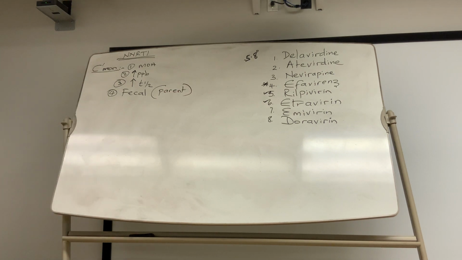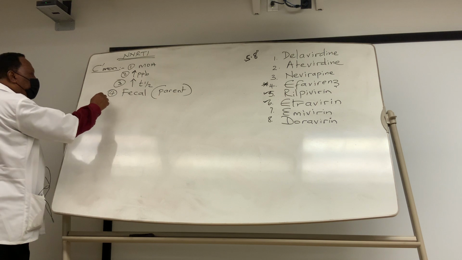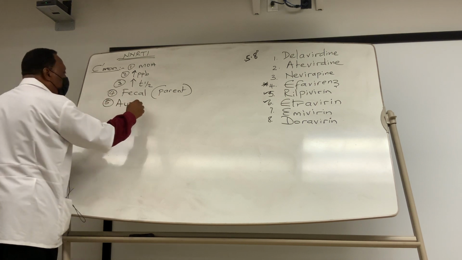The metabolites, some of them can go out through the urine, but for the parent compound, the primary route of excretion is fecal.